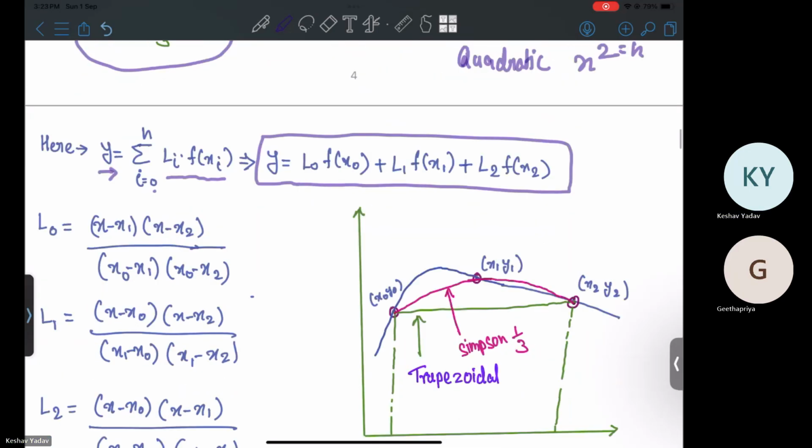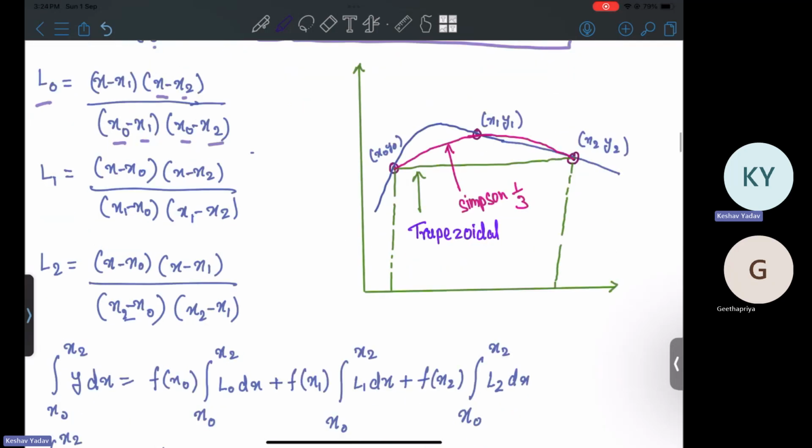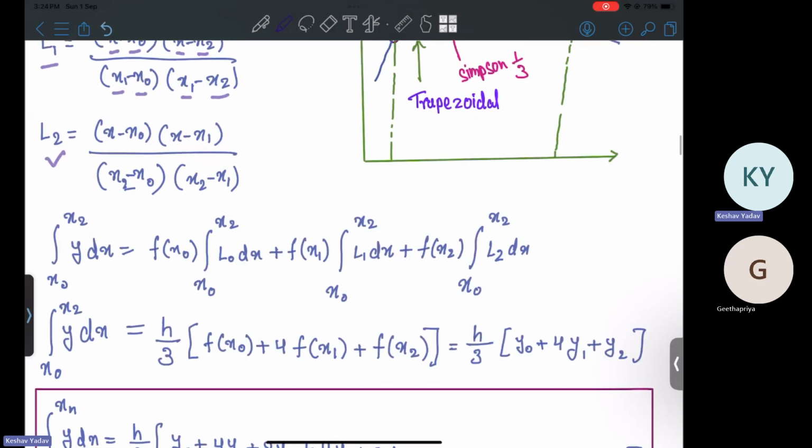Using the same formula, L0 will be equal to (x minus x1)(x minus x2) divided by (x0 minus x1)(x0 minus x2). Similarly, L1 will be (x minus x0)(x minus x2) divided by (x1 minus x0)(x1 minus x2). Similarly, L2 can also be written.